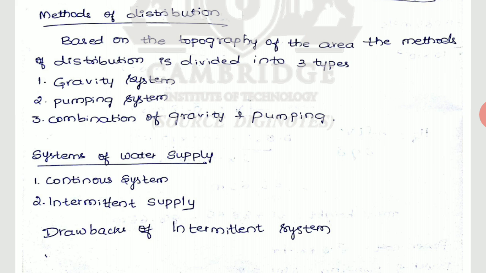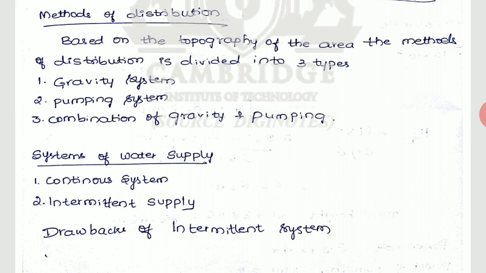The best example is the valley portion, where the source is available, and that should be supplied to the people who are staying at the higher altitude. In this situation, we have to use a pump to lift the water. So this system is called pumping system.